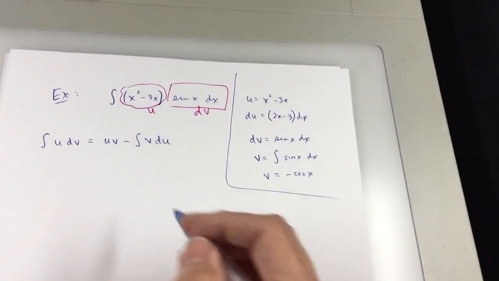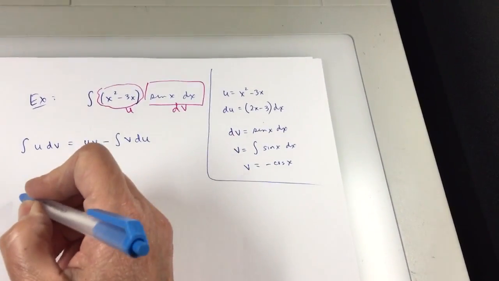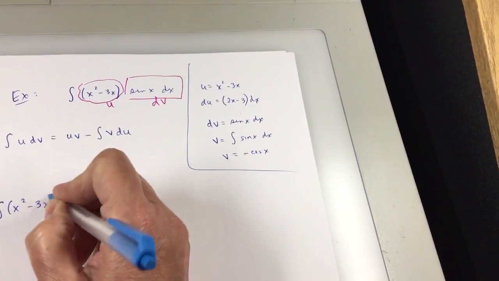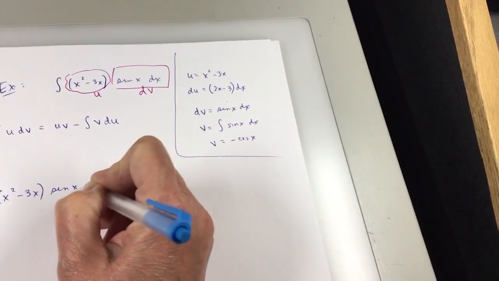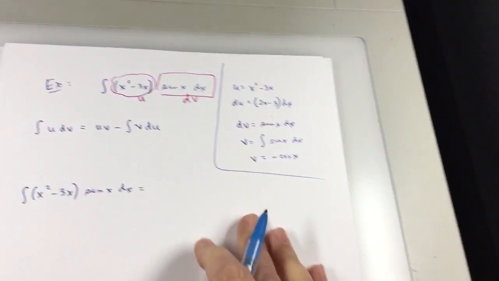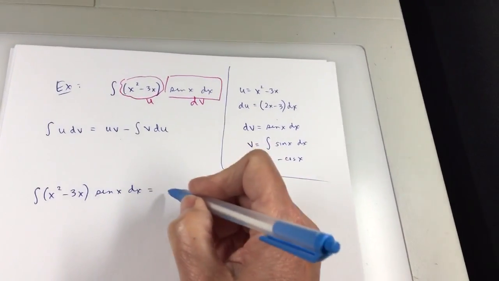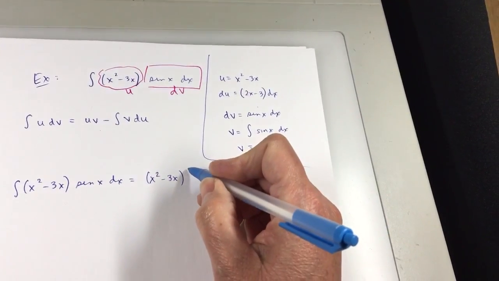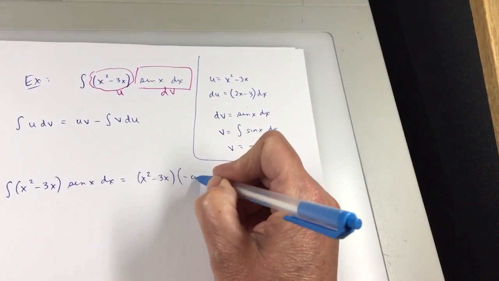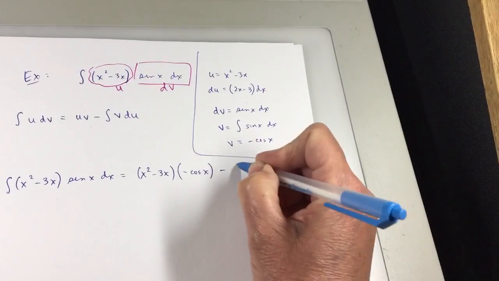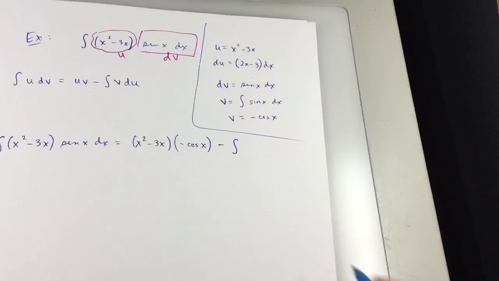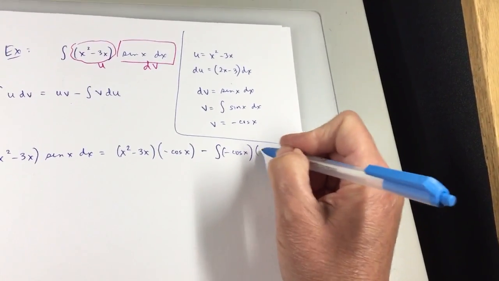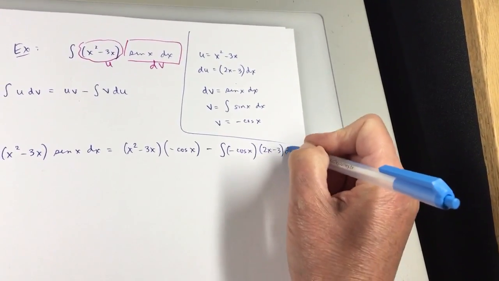So here's my formula. And this problem, the integral of x squared minus 3x times sine x dx, then becomes u times v, x squared minus 3x, and v is negative cosine x, minus the integral of v, negative cosine x, du, which is 2x minus 3 dx.